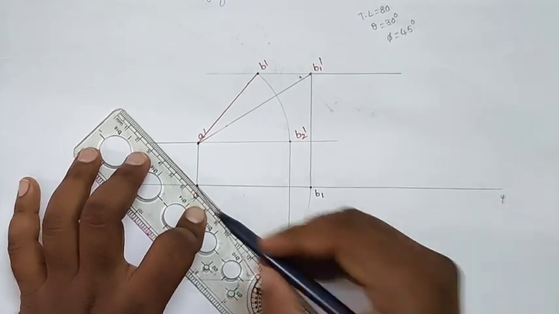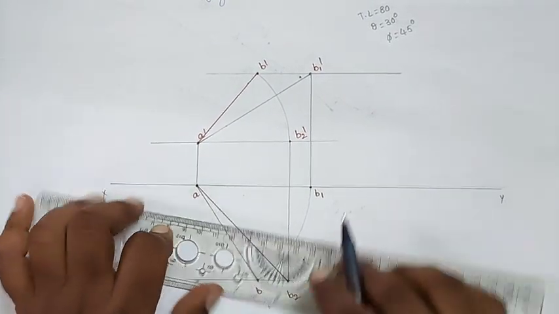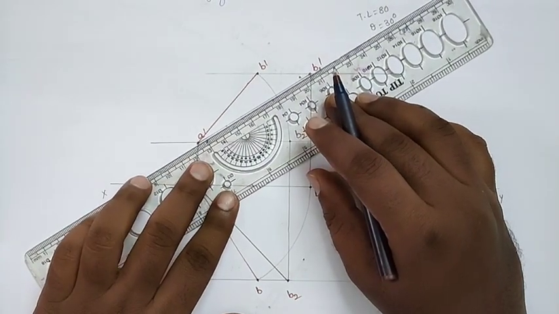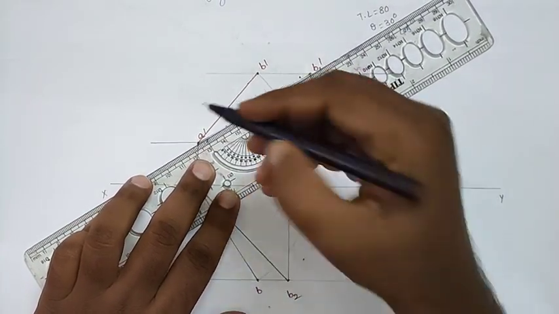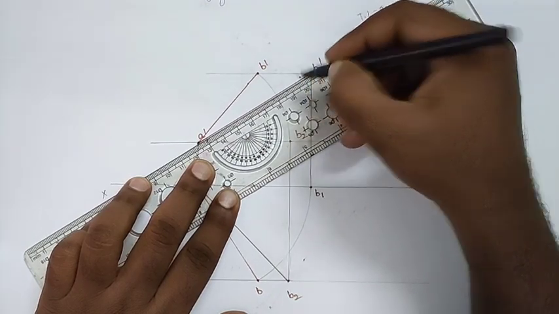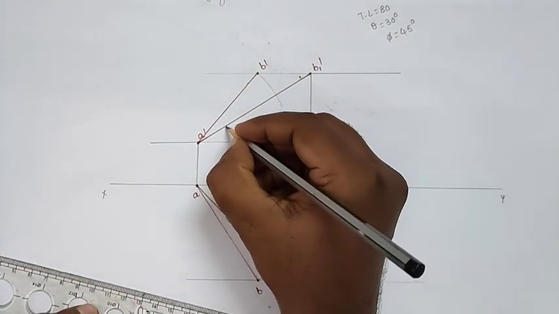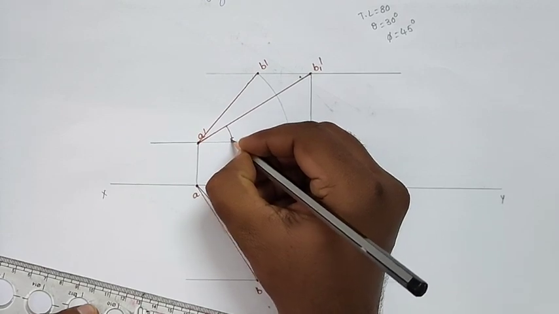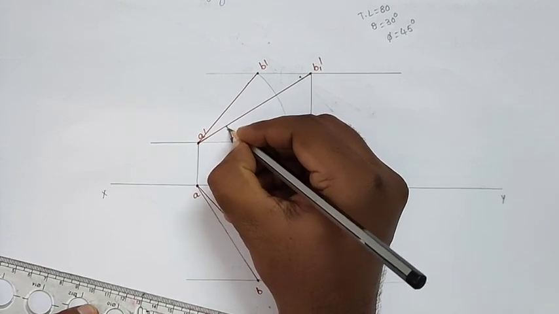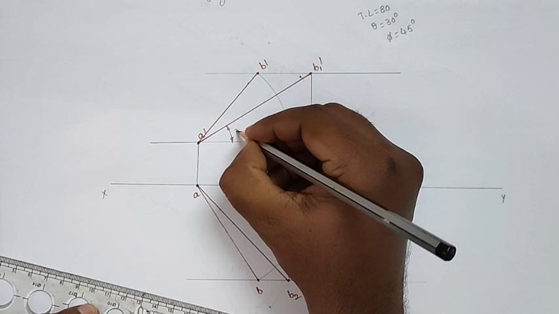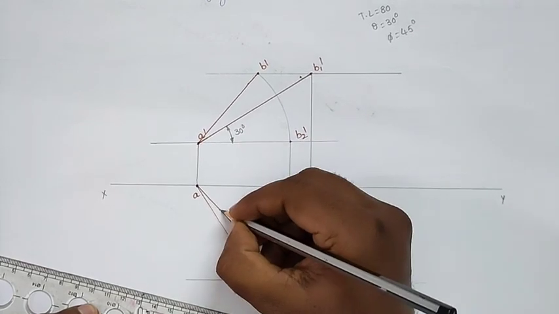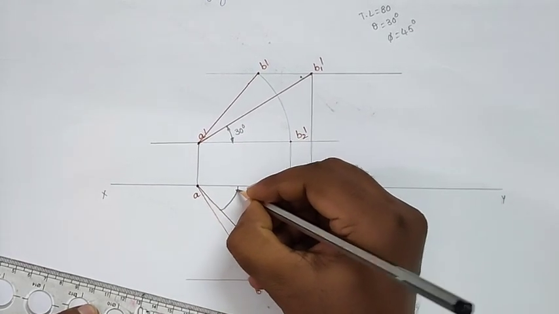So here the true length of the line can also be drawn in thick line. After that we will give the dimensioning. So this angle is 30 degrees and this angle is 45 degrees.